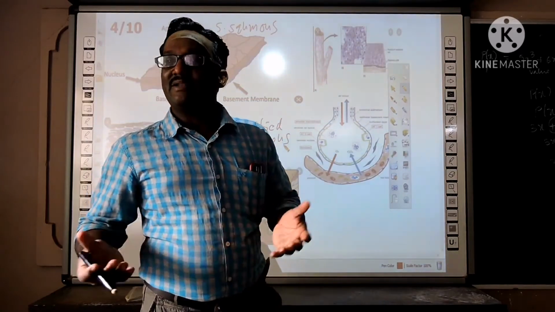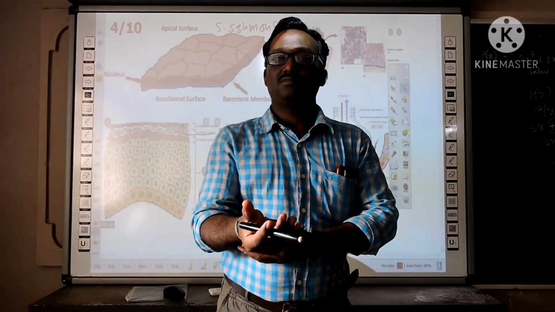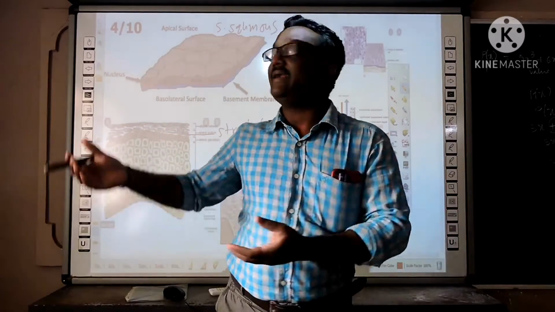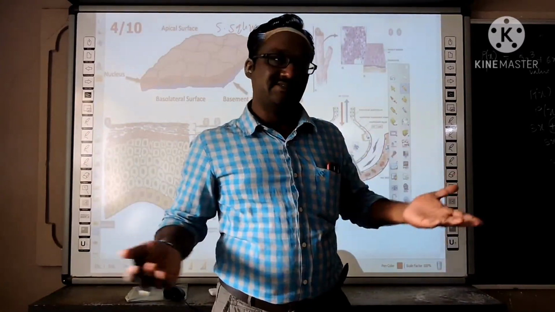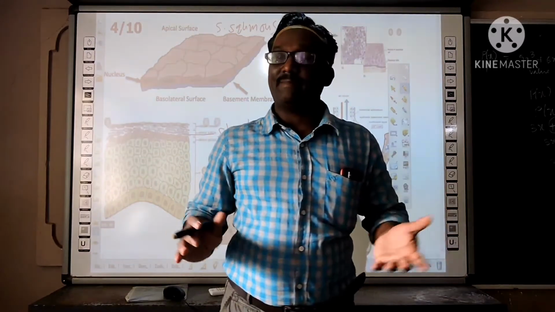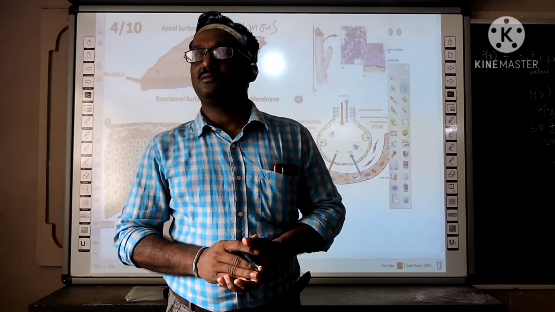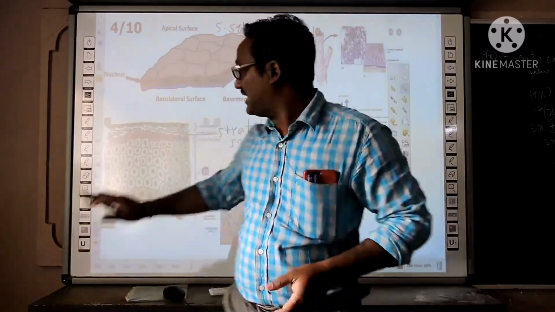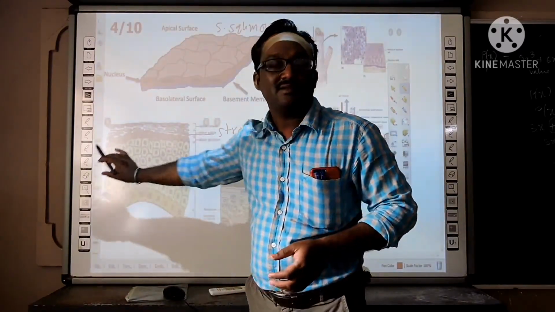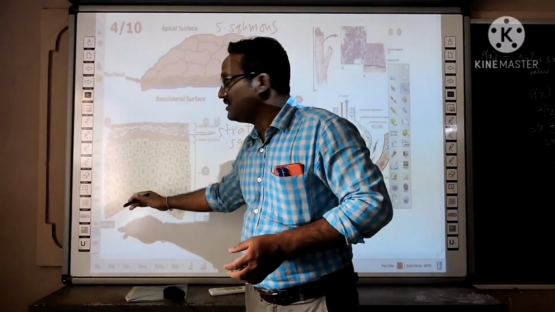What will happen if the skin is burned? If the skin burns, if it is made of simple squamous, the entire skin will be damaged. But it is not happening, right? If you burn or injure, the upper layers will be damaged. Again, the lower layers protect the internal parts.